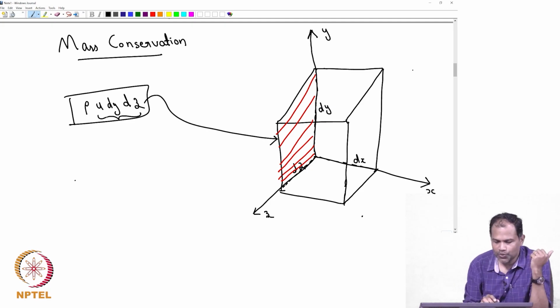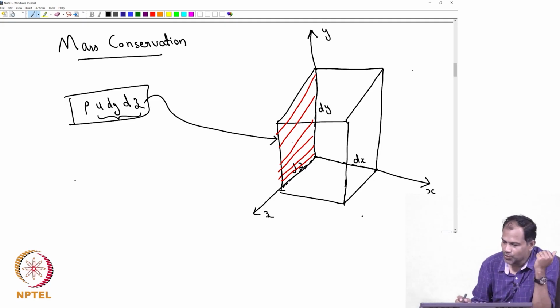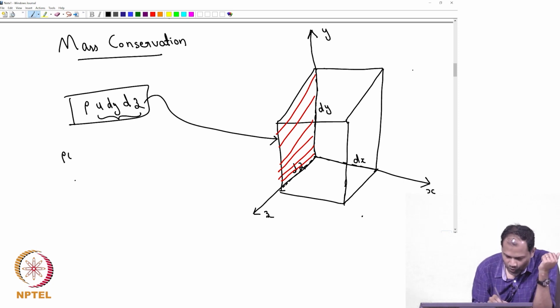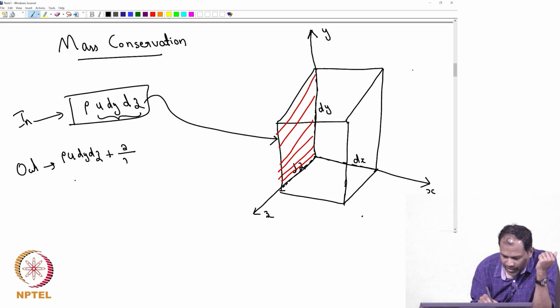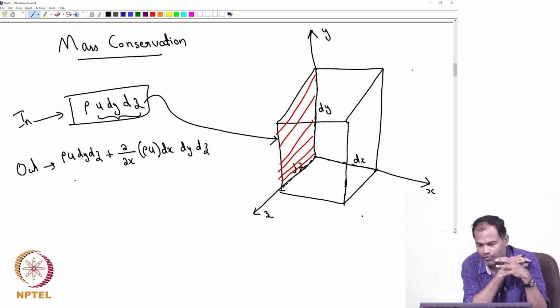If rho u times dy dz is entering the left face, then when you move a distance dx, the one which is exiting is going to be rho u dy dz plus del by del x of rho u times dx into dy dz. Remember, the area has not changed, you are just looking at what has gone out. This is nothing but the Taylor series expansion.